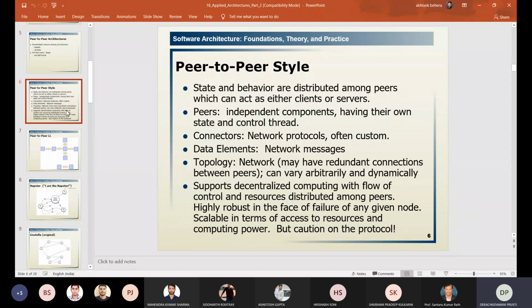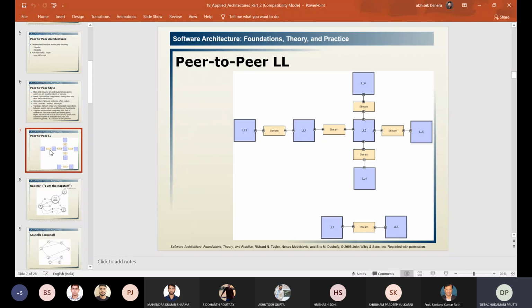It is highly robust in the face of failure, meaning it is reliable if any failure occurs at any given node. It is scalable in terms of access to resources and computing power. But we should have some caution on the protocol. Then the peer-to-peer lunar lander, we have already talked about this.